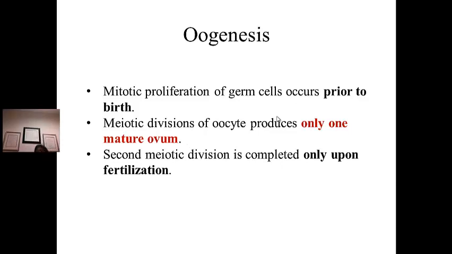Oogenesis begins very early in the female, as early as in the fetal life. All of the egg cells go through mitosis. These egg cells are oogonia. They get converted into primary oocytes while they are within the ovary, within the fetus.